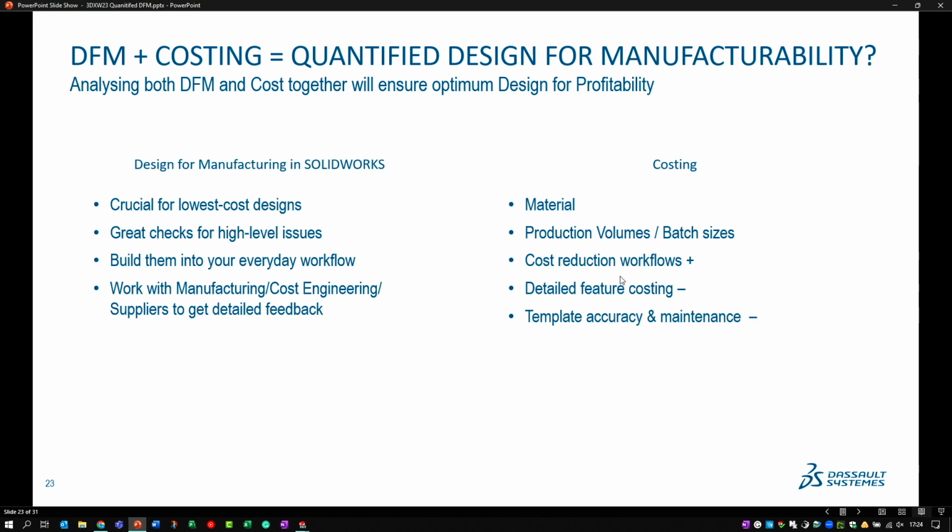So unless you've got very consistent tooling costs, then that's going to be a little bit tricky. But detailed feature costing, not the best, unless you've got a really accurate template and you keep that up. And that's the other downside, is making sure that it's accurate and up to date is something you're going to have to do.